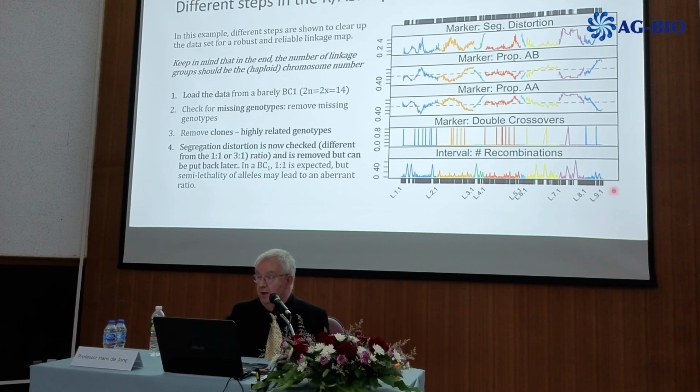Because remember, we have 9 linkage groups, and barley has a basic chromosome number of 7. So we have to clean up further. The current data set shows 9 linkage groups, whereas 7 are expected.